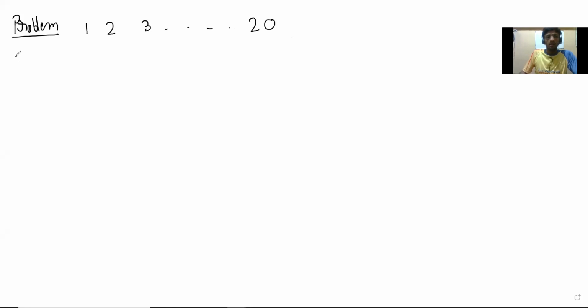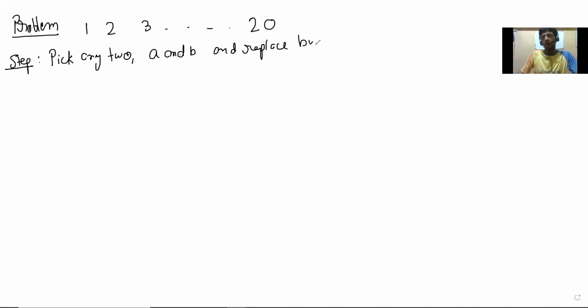At each step, pick any two numbers A and B, and replace them by A plus B minus 1. The question is, what number is left in the end?